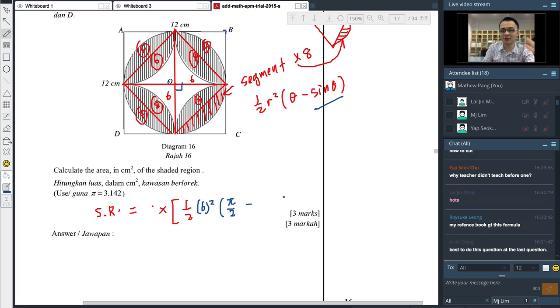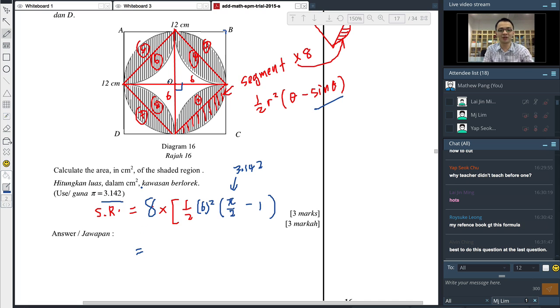Using the calculator, sine 90 is 1. The question says for pi you must use 3.142, so I will use 3.142 in the calculator to get the most accurate answer. You have an 8 here.